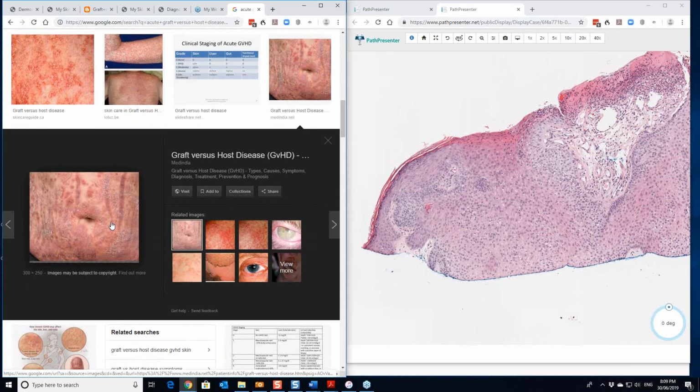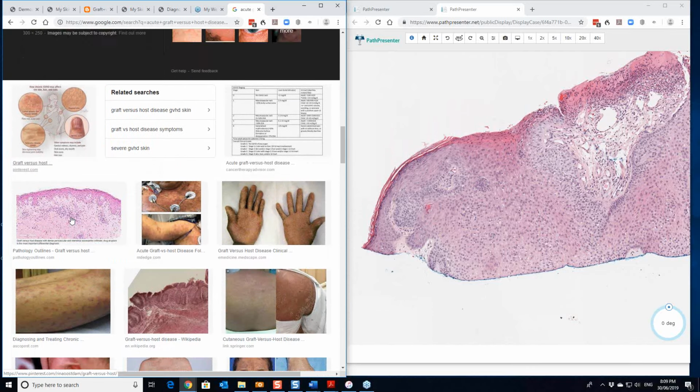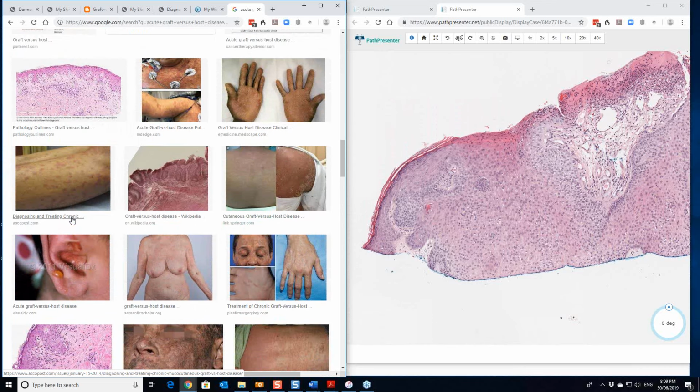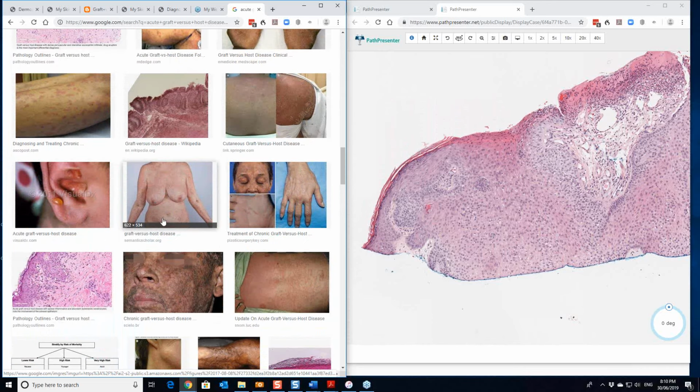Here's another example here. Red and scaly, a little bit more purple, perhaps a little bit more lichenoid-like, but it's not classic lichen planus. Usually it's a generalized erythema, maculopapular, some areas having a lichenoid look to it, occasionally a bit of blistering depending on the severity of it.